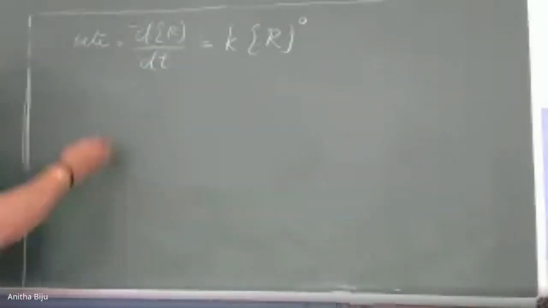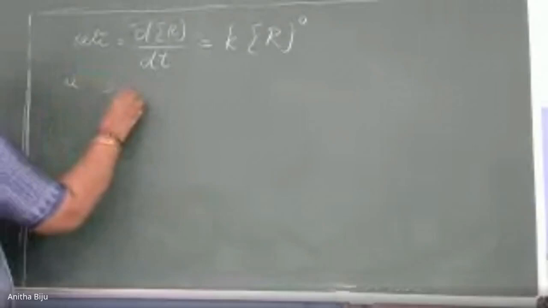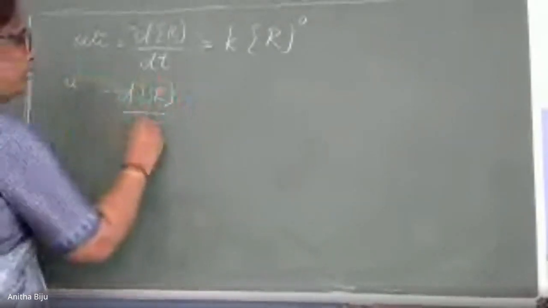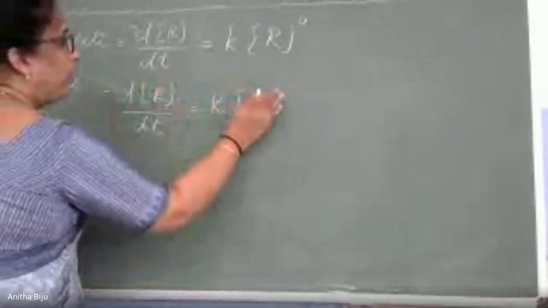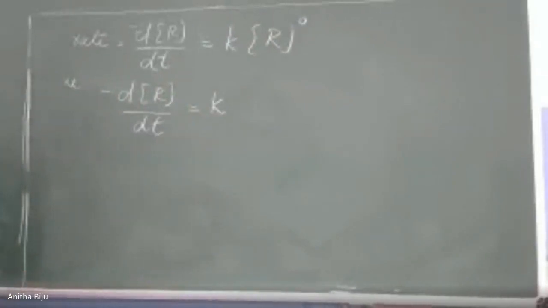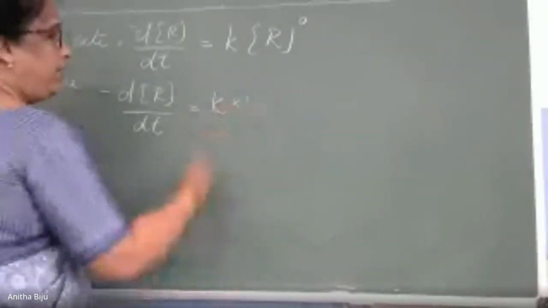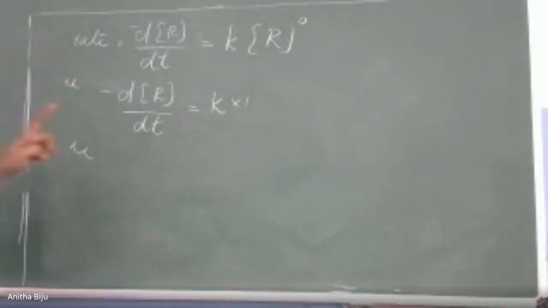So we can write the equation this way: minus dR upon dt is equal to k into R naught. R to the power 0 means 1. So k into 1. So R to the power 0 is equal to 1.